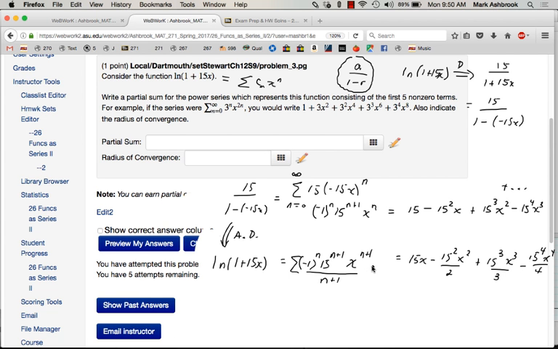So now, what do we need to start at? What do we need to make our n start at so that we get these terms here? So if n equals 0, do we get that first term 15x? Looks like it, right? We get x to the first divided by 1, 15 to the first, and negative 1 to the 0 is positive 1, so we want to start at 0.